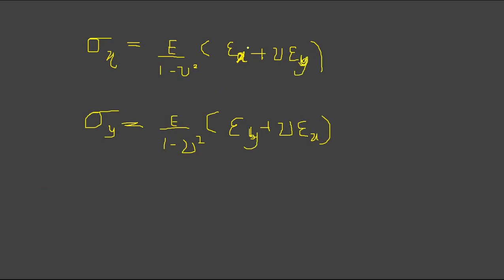So these two are very identical, right? It depends on to whom you use the Poisson's ratio. For sigma x, you use the Poisson's ratio with epsilon y. For sigma y, you use the Poisson's ratio with epsilon x, right? So you know you are working under plane stress conditions, so your sigma z, the out of plane stress, is 0, right? So actually, it's like this.